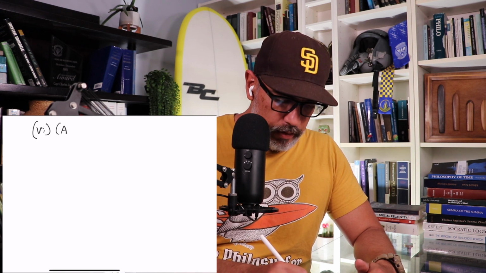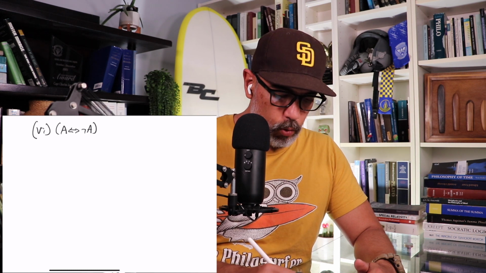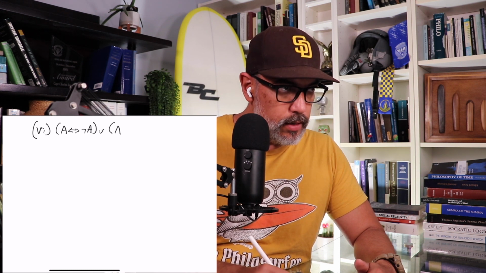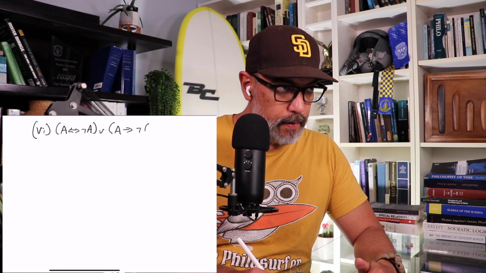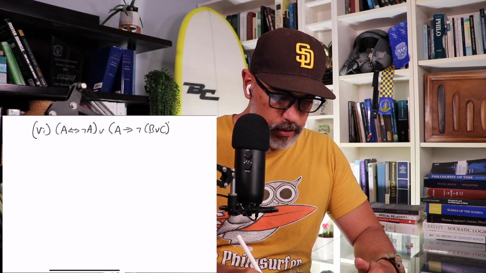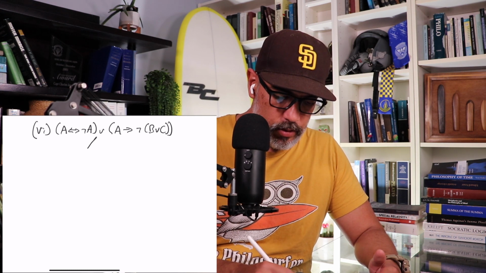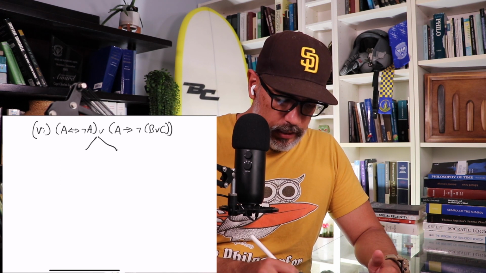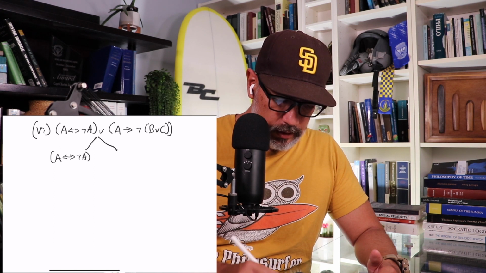Number 6. A if and only if not A, or A, if A, then not (B or C). Okay, so we have to do the disjunction rule. And that gives us A if and only if not A on the left.